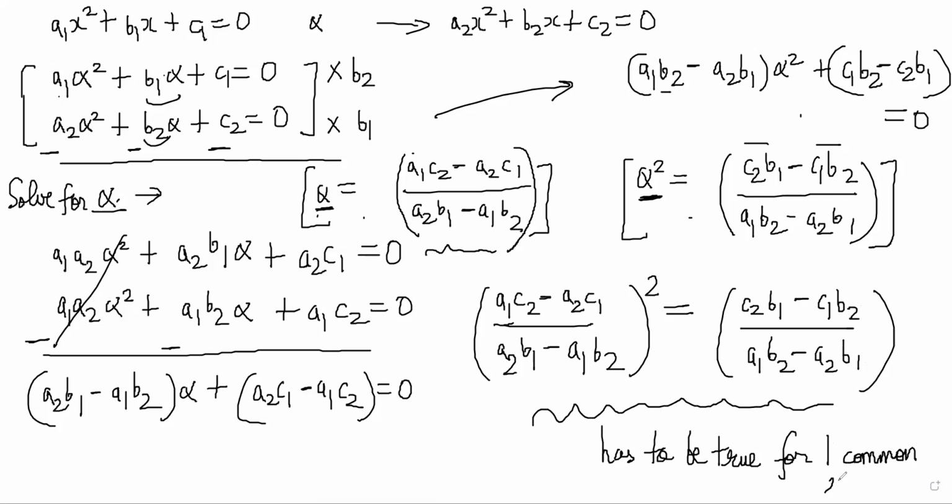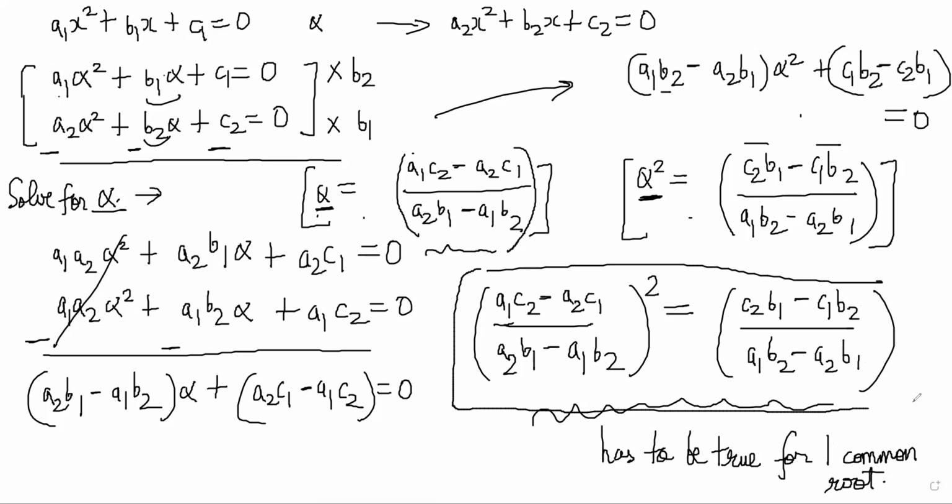Now we will confirm whether what we have gotten is correct. First of all, remember the process by which we got it. We had two totally different looking equations and one common root alpha. So we said that alpha satisfies both equations, and we get two equations involving alpha square and alpha.